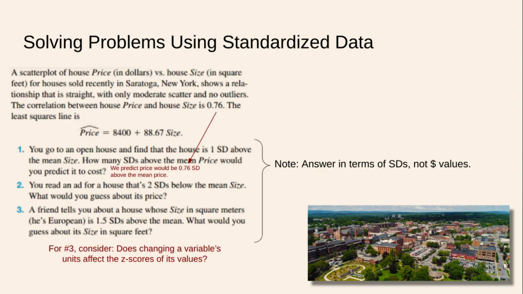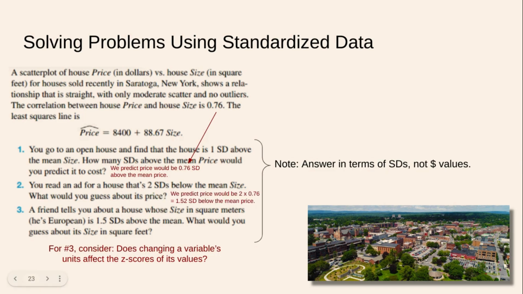Number 2, you read an ad for a house that's 2 standard deviations below the mean size. What would you guess about its price? Again, we cannot say 2 standard deviations below the mean size means we can take a guess that there's going to be about 2 standard deviations below the mean price. We need to acknowledge the reality of regression. For every 1 standard deviation below the mean, we are 0.76 standard deviations below our predicted price, okay?